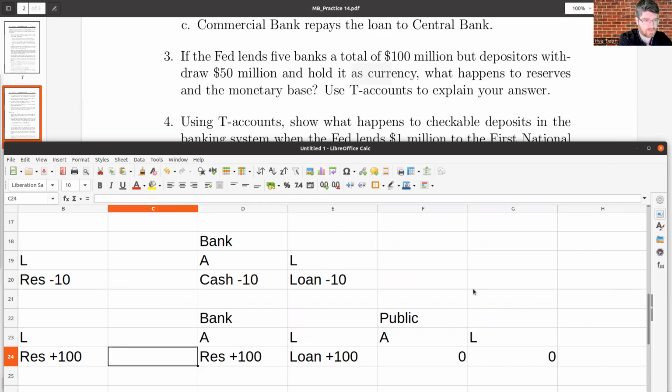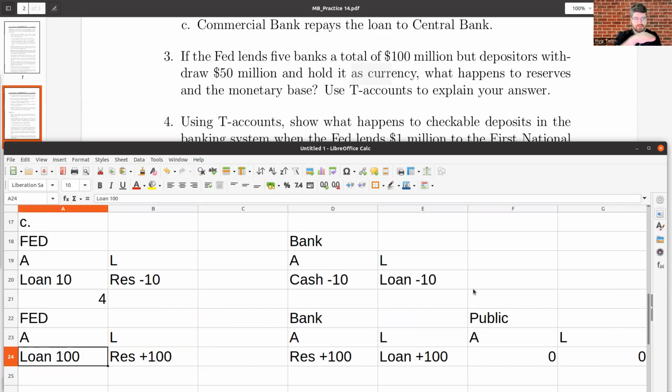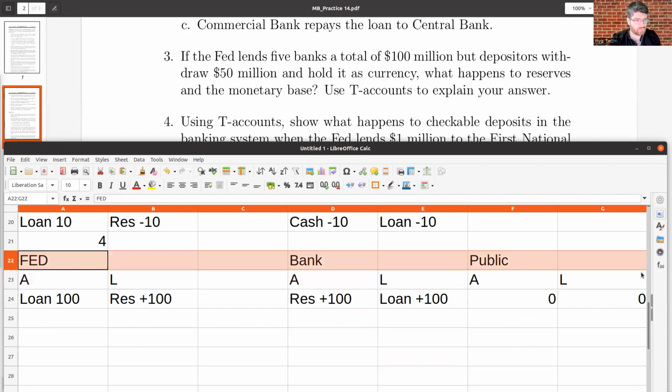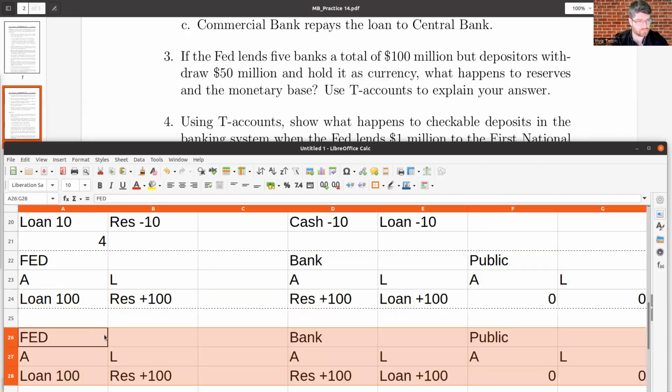Or generally, we just place a hyphen to stress the fact that there is no change, no effect at all. After the public withdraws 50 million from the initial situation, what will happen with everything? So let me copy that.